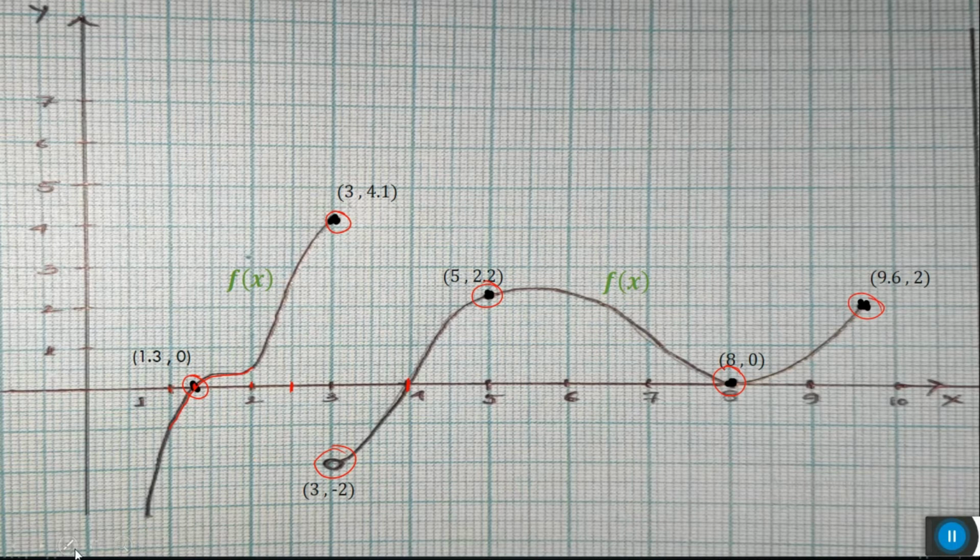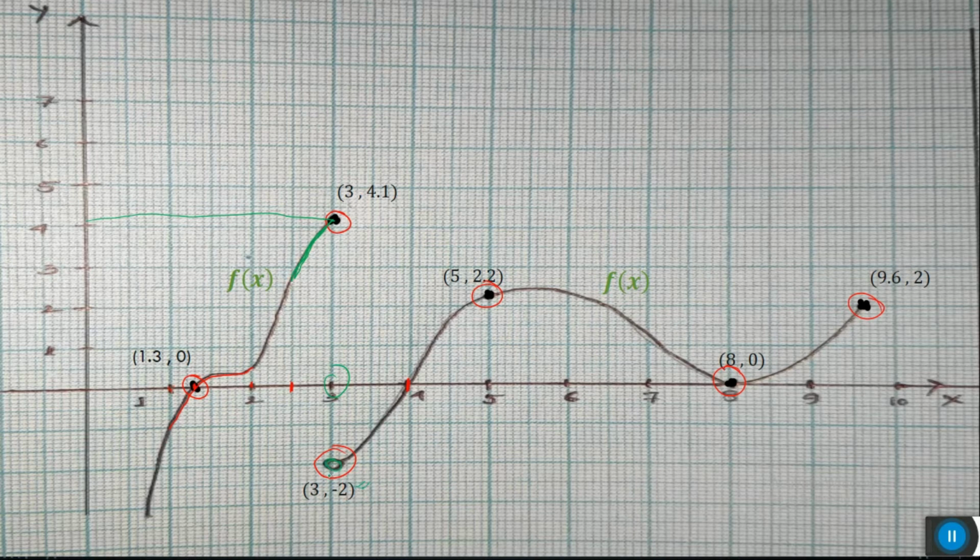How will you decide? See, from here the function is like this. At x equals 3, which is this value, you see there is a point here which is 4.1. At x equals 3, 4.1, but below you see at x equals 3, I don't have a value.